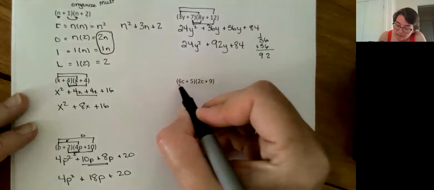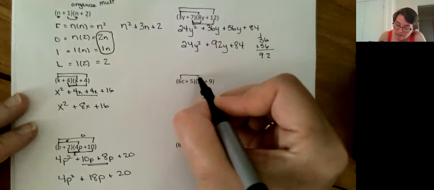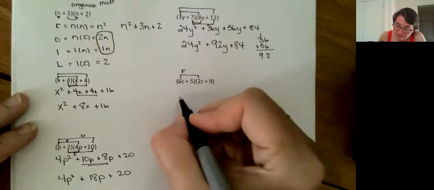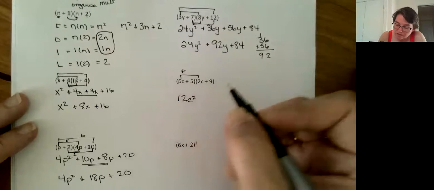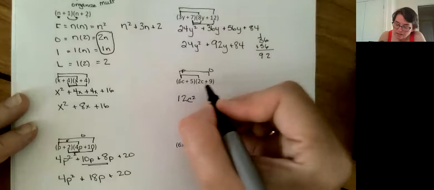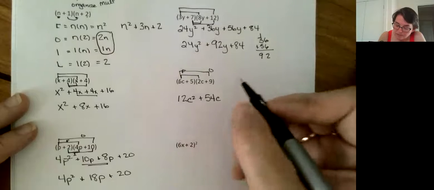All right, we got C, 6c plus 5, and 2c plus 9. Here we go. 6c times 2c is 12c squared. Outsides, 6c times 9, 54c.